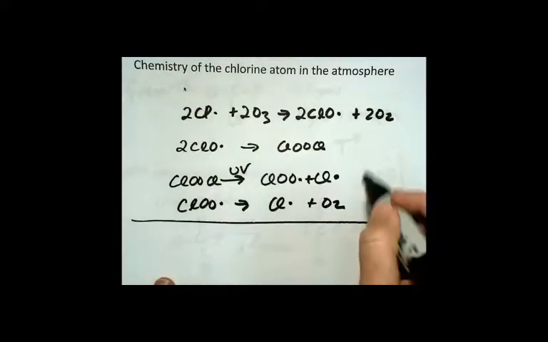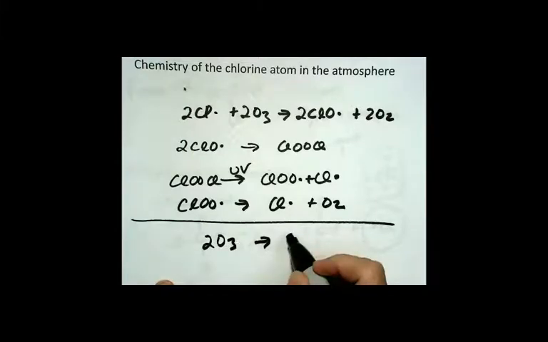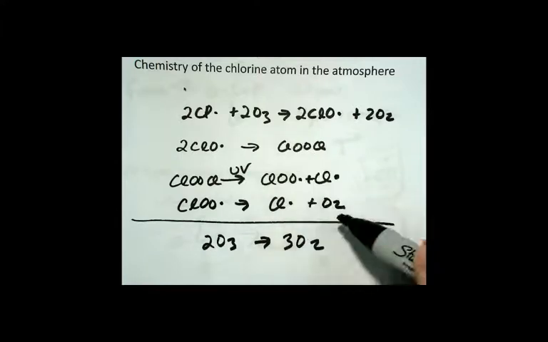Okay, and so all of these equations net out. This complicated system, if you add everything on the left-hand side with everything on the right-hand side, nets out as 2 ozone molecules will be broken down to 3 oxygen. So the result of this particular reaction is that the chlorine atom is produced in the presence of the ultraviolet light, and it initiates the breakdown of the ozone, but itself is not in the netted reaction.